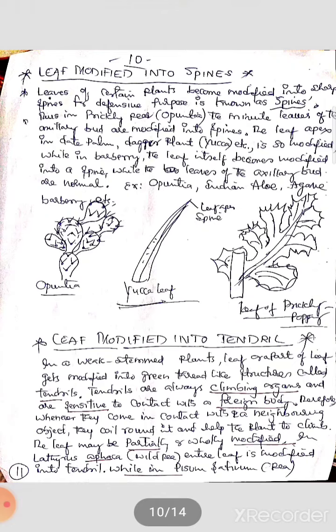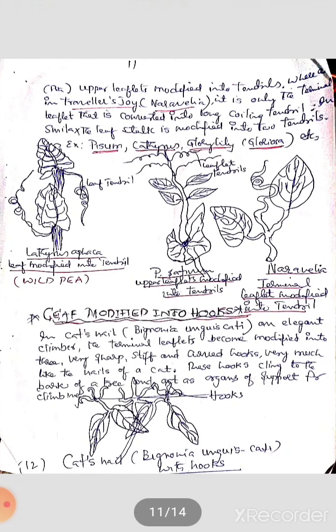While in Pisum sativum, the upper leaflets get modified into tendrils, whereas in traveler's joy, Clematis, it is only the terminal leaflet that is converted into a long coiling tendril.